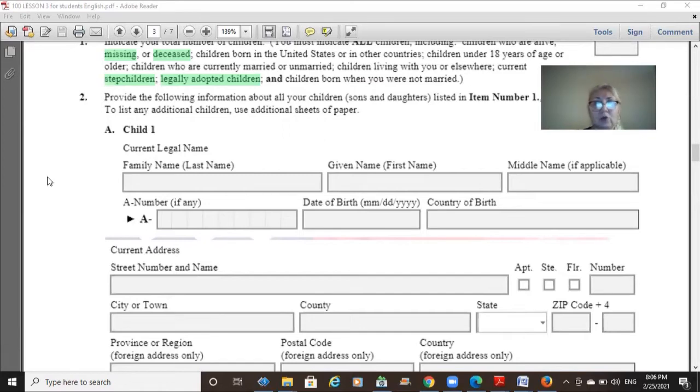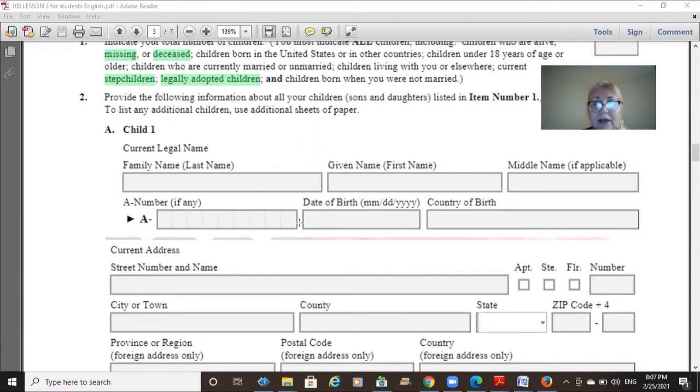Or they may say, is your child a U.S. citizen or not? If the child is not a U.S. citizen, they may ask, is your child a green card holder? Or what is your child's immigration status? And you're going to say, he or she is a lawful permanent resident.